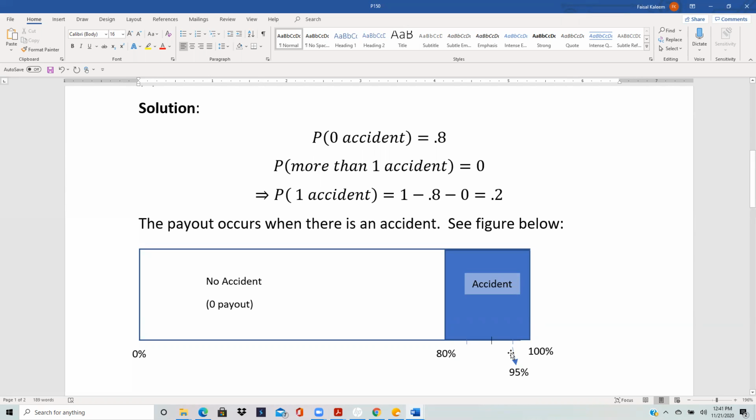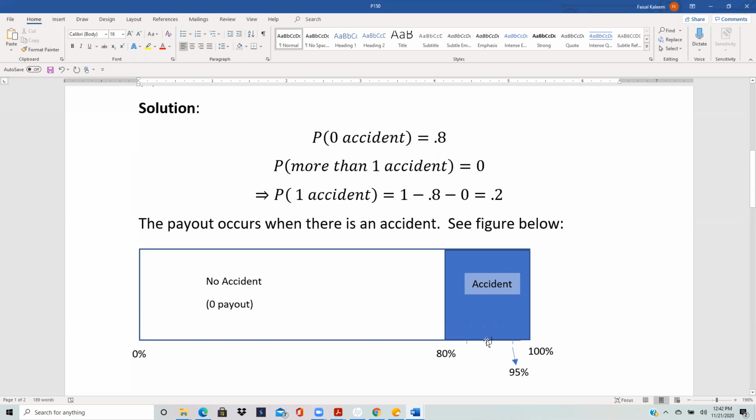If we just consider the region where the accident happens, then this 95th percentile is the overall payout, including even the zero payout, because when you're talking about the 95th percentile of payout, you also have to consider the portion where there is no payout. But obviously the 95th percentile of payout is happening in the accident region.